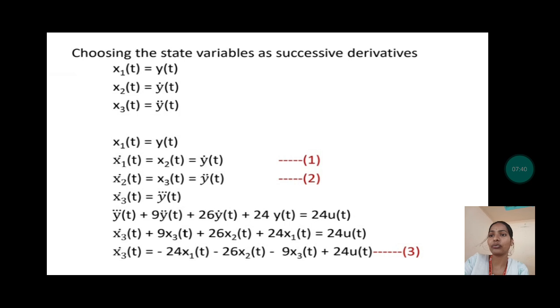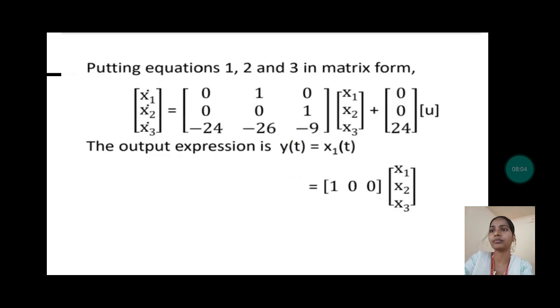Here x3 dot of t keeping on the left side and remaining all terms turn to the 24 u of t side. Then x3 dot of t is equals to minus 24 x1 of t minus 26 x2 of t minus 9 x3 of t plus 24 u of t. It becomes equation number 3.